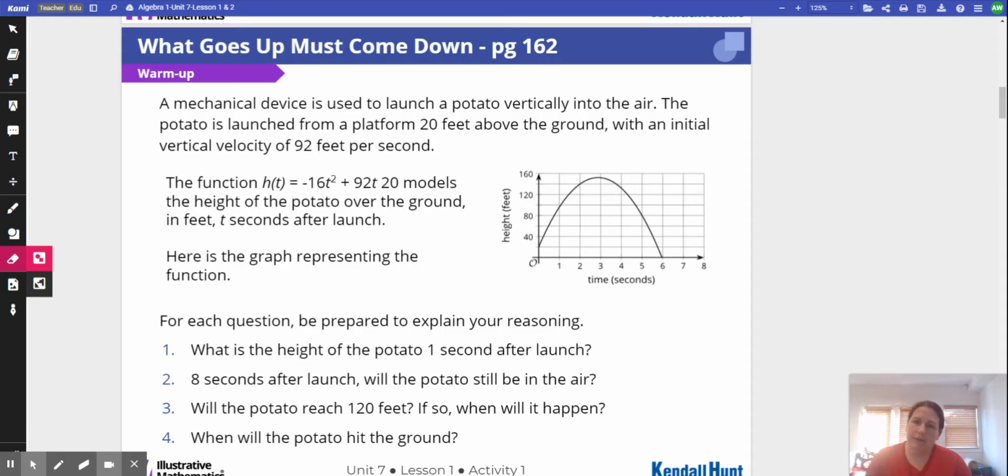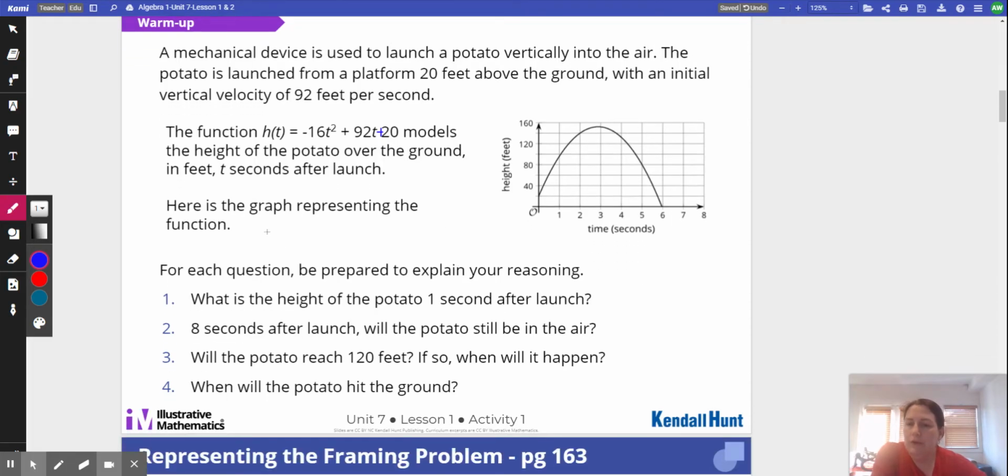So the function is negative 16t squared plus 92t plus 20, and that models the height of the potato over the ground in feet. You see the feet are on the y-axis and the seconds are on the x-axis. So here's the graph that represents this function. For each equation, be prepared to explain your reasoning.